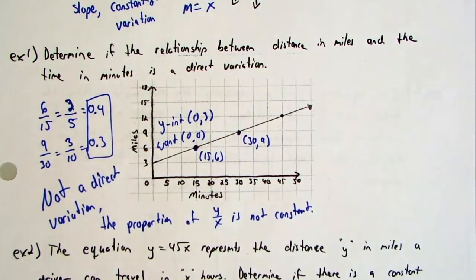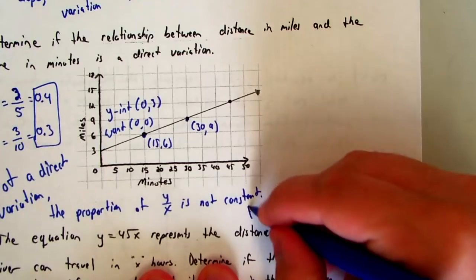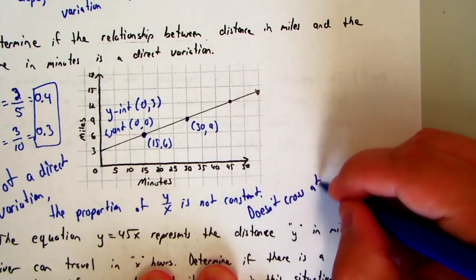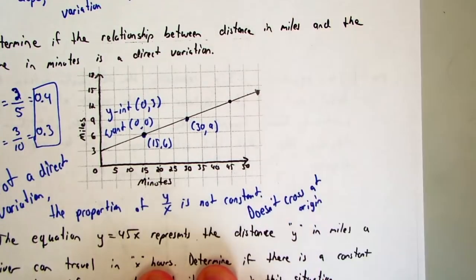We could also say that it doesn't cross at the origin. The y-intercept is not 0.